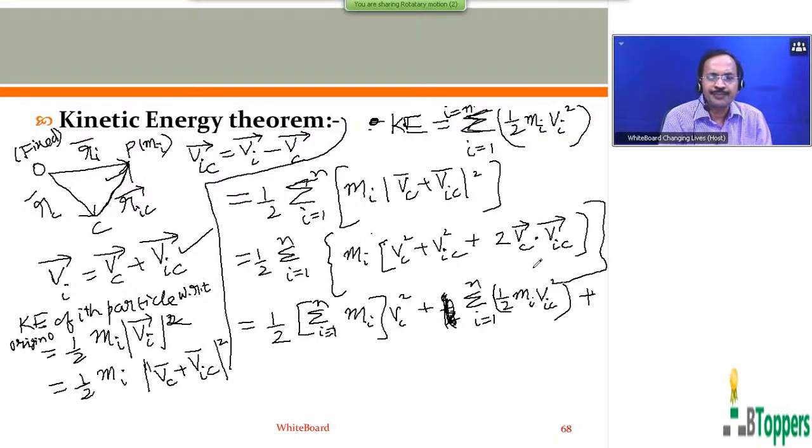Then next you can write Vc bar dot V bar subscript IC. Vc bar, the velocity of the center of mass of the system of particles, can be treated as a constant for a given system of particles at a particular instant of time. So in the summation Vc bar can also be put outside. If you open this bracket, then you can write Vc bar dot sigma mi V bar subscript IC, because the dot product of vectors is distributive with respect to addition.